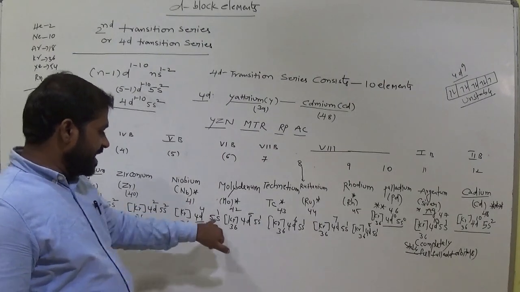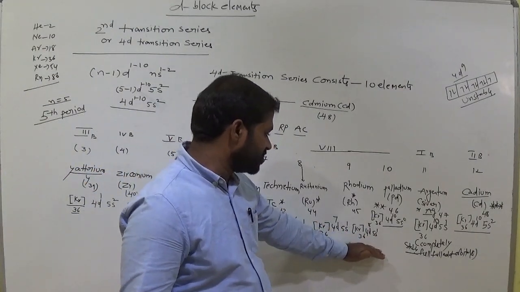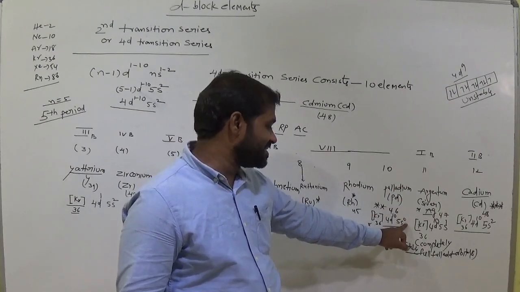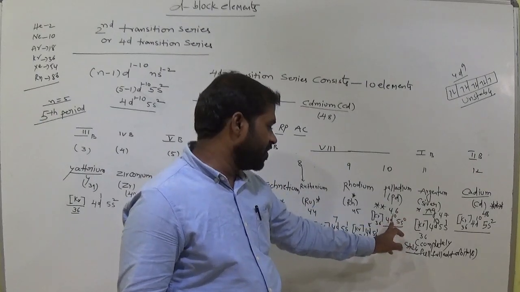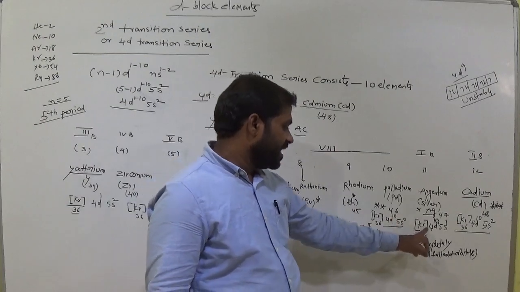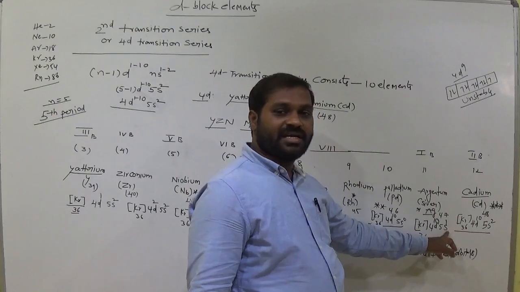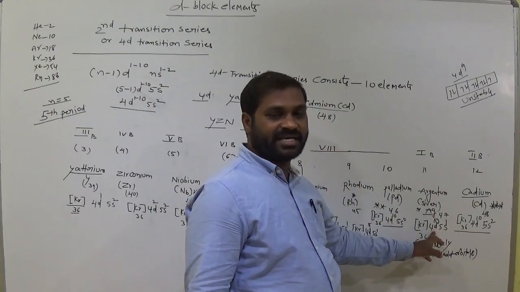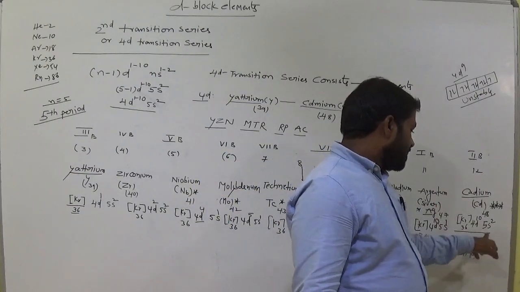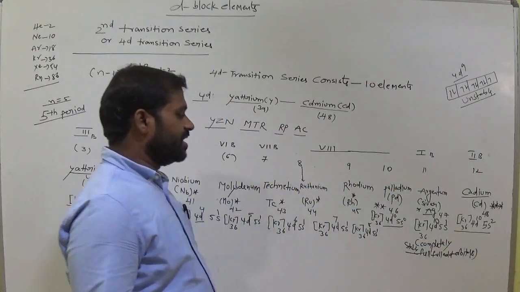Then after that in S 1, 1 up to the 9th group. Then for palladium there is no S electron, remember this, completely 4d10. Clear? 36 plus 10, 46. Okay, and come to here, for argentum silver only one electron in S, remaining electrons in D, totally 10, completely fulfilled. Okay, and come to here 5s2 4d10, completely fulfilled.